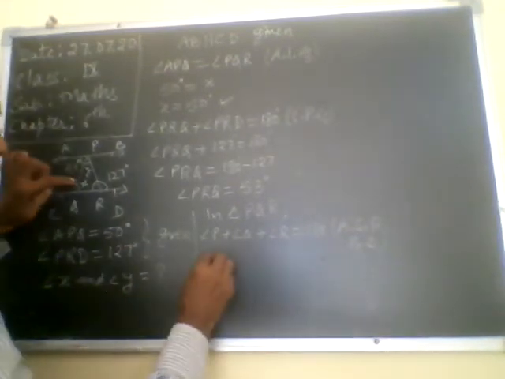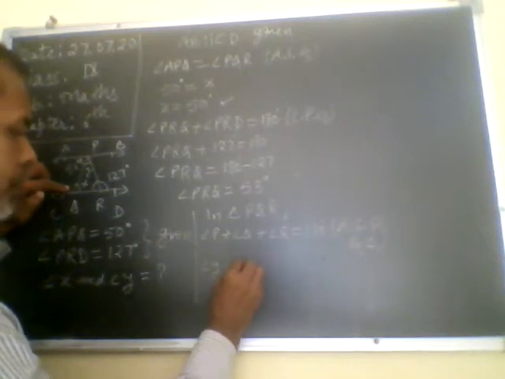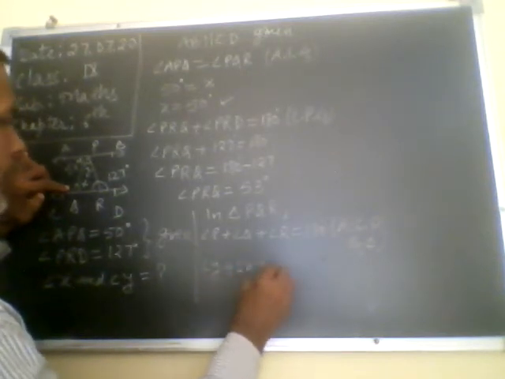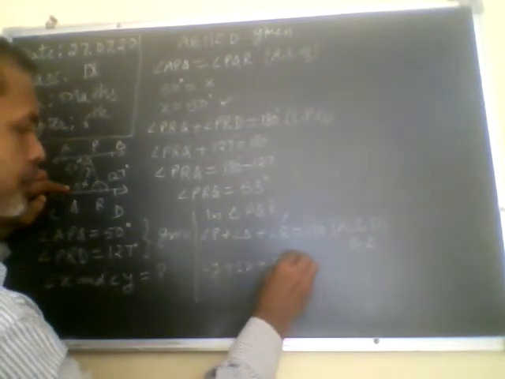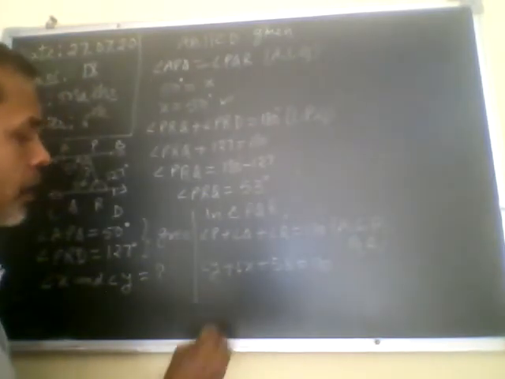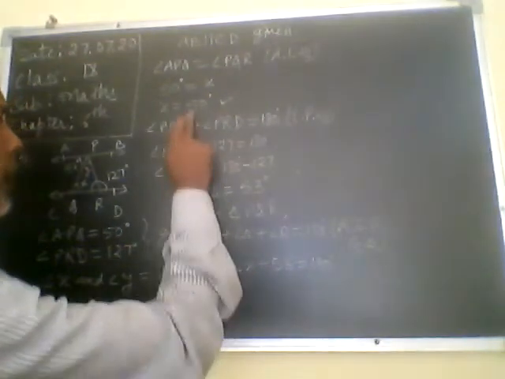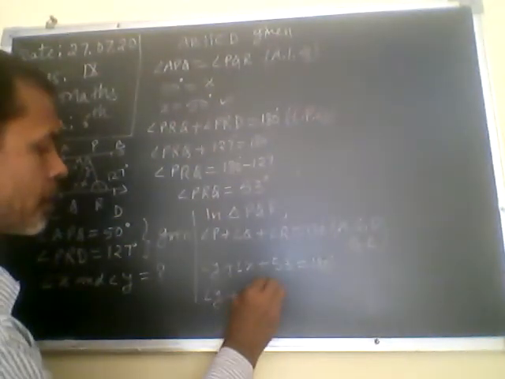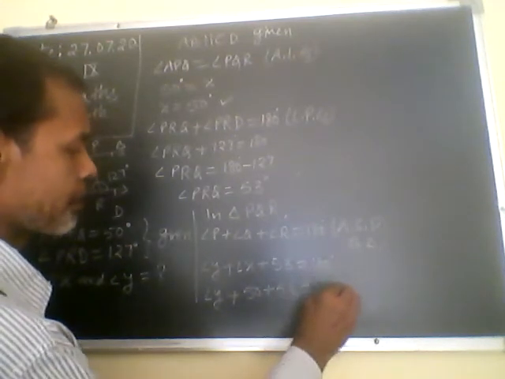Angle P means angle Y, angle Q means X, which is 50 degrees, and angle R is 53 degrees, equals 180 degrees.